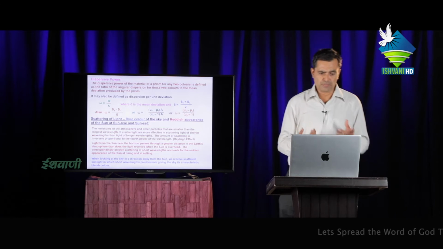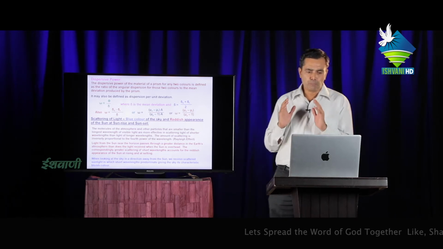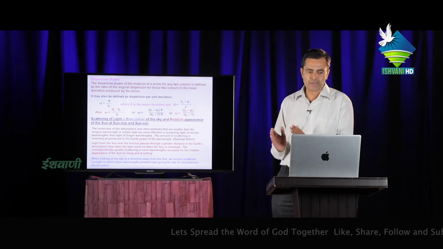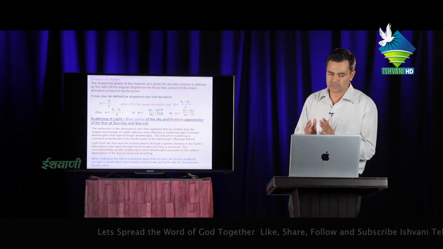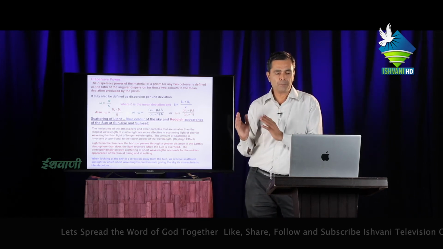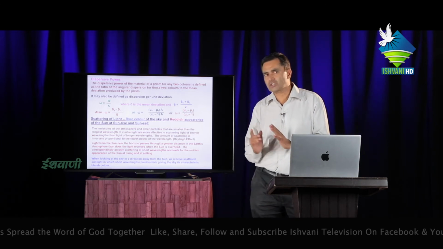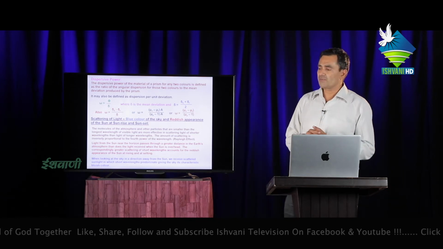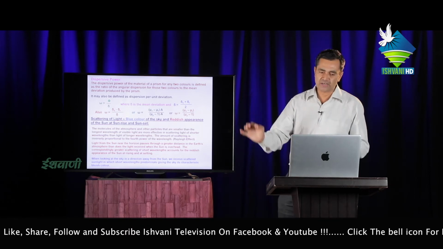Next important part is scattering of light, the blue color of sky and reddish appearance of the sun at sunrise and sunset. According to Rayleigh's law, the intensity of scattered light is inversely proportional to the fourth power of wavelength. If the wavelength is very high, then intensity is very low.